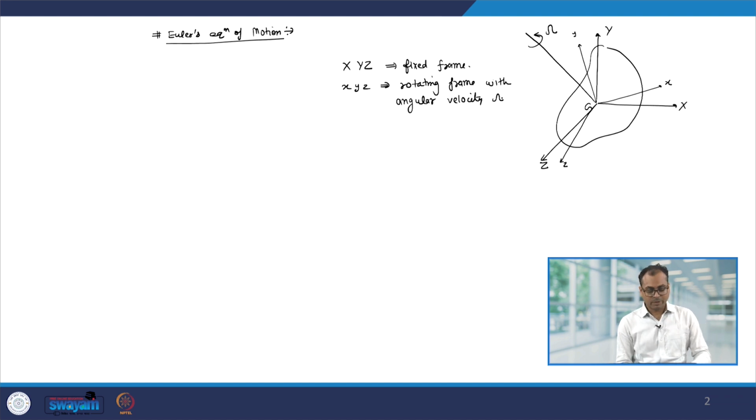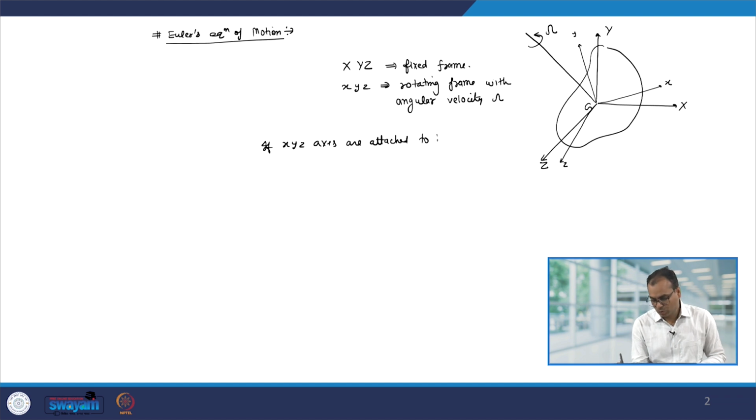Now, if the small x, y, z axes are the body frame, that means they are attached to the body. In that case, if the body rotates, then the small x, y, z axes also rotate.